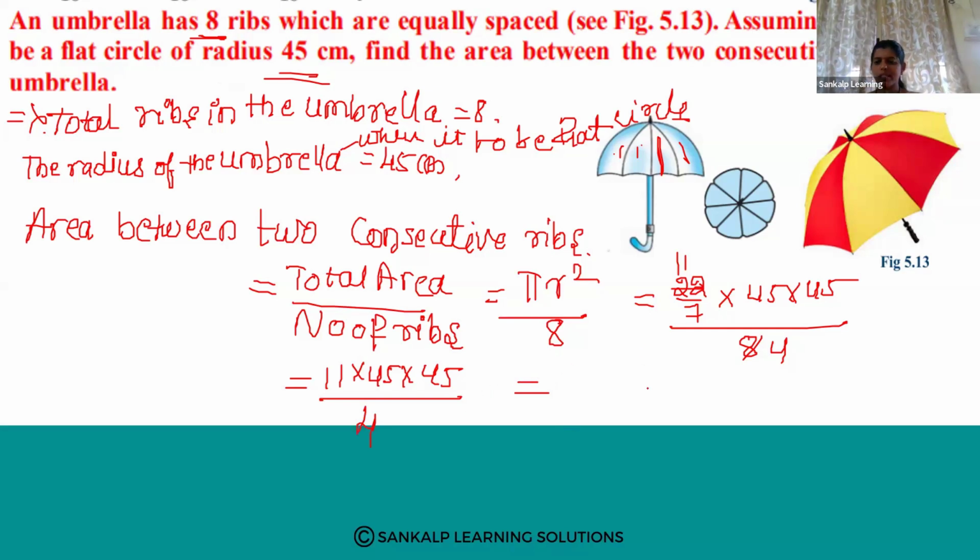So if you do the calculation, you will get the answer 795.53. This is the final answer. This is the area between the ribs, centimeter square. Understood?